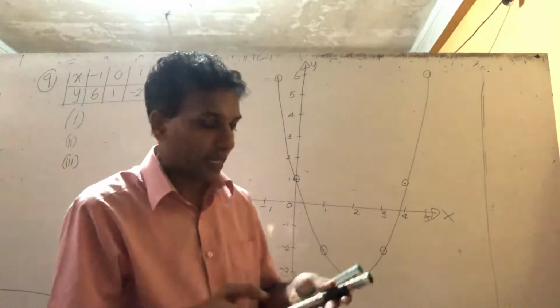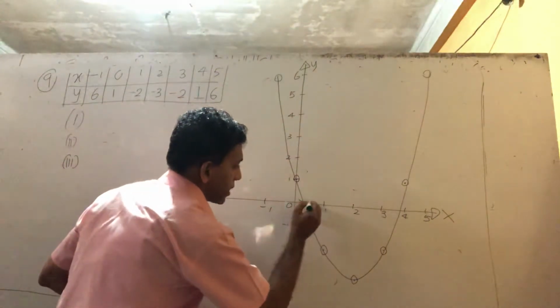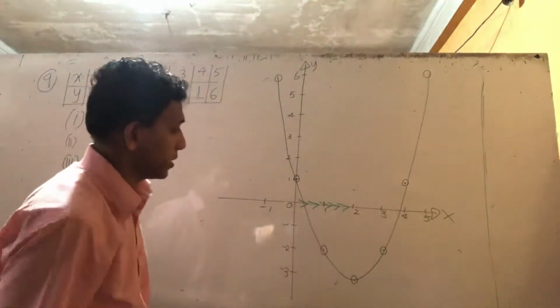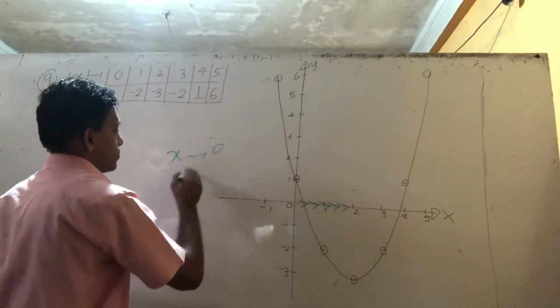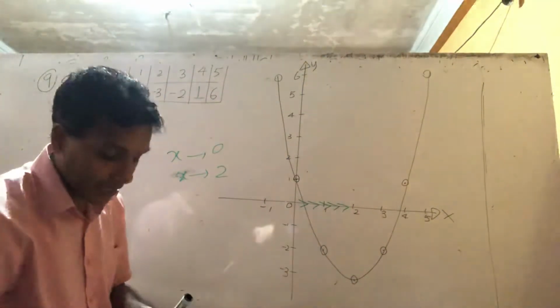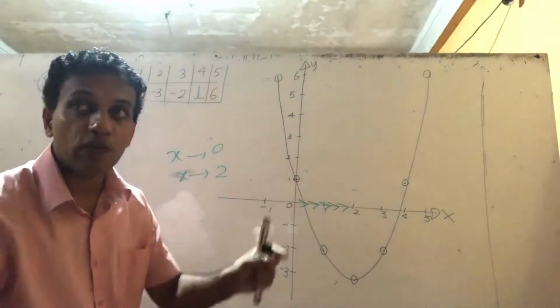So the range idea, right? Here x goes from 0 to 2. When x is 0 and when x is 2, we find the corresponding y values.